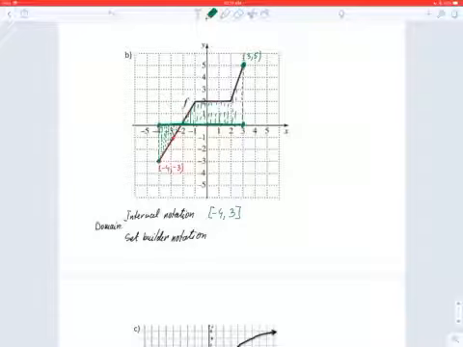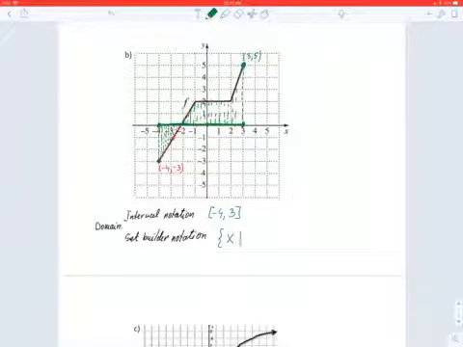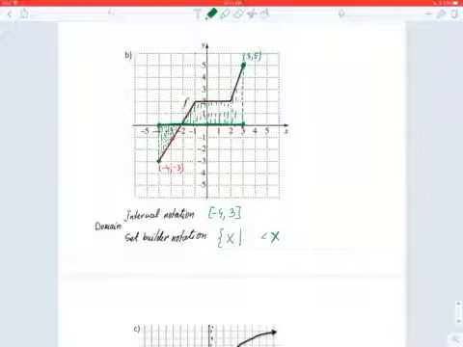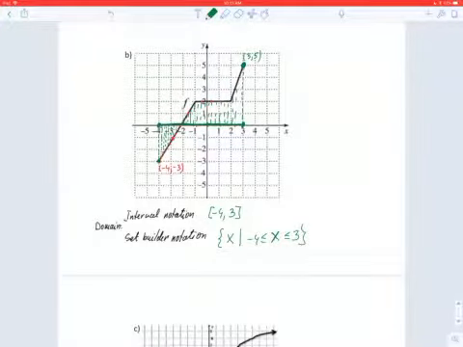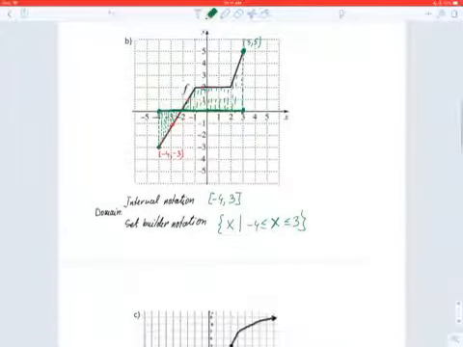We're stating the boundaries of my highlighted zone. Or we can use set builder notation, where we put this type of bracket and say x such that, and then put an inequality that's true for x. So x is greater than or equal to -4 and less than or equal to 3.